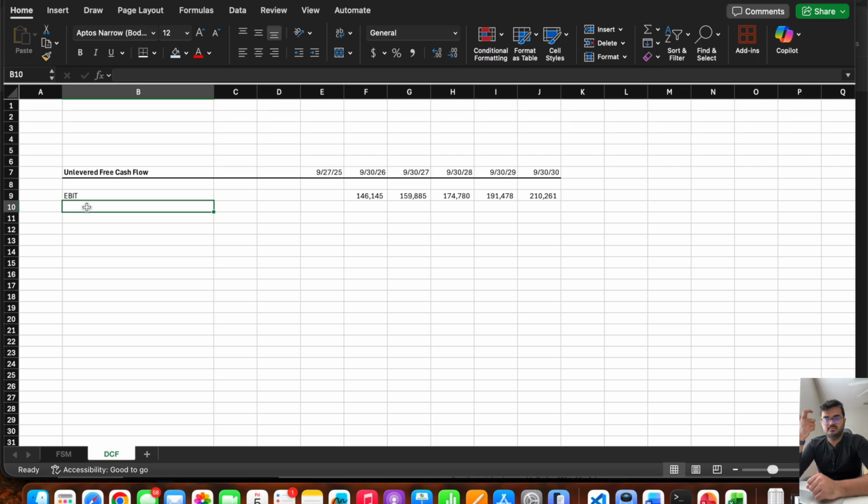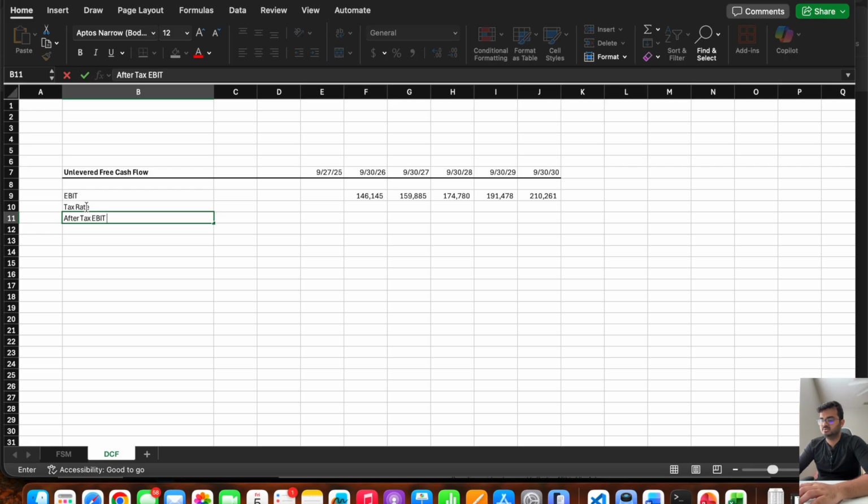Next, for this EBIT, there will be a tax rate associated with it. And the good thing is we already calculated the tax rate in the previous video. So I'm going to use that to calculate the after-tax amount of EBIT. First I need the tax rate, and then after-tax EBIT, which is sometimes called NOPAT as well.